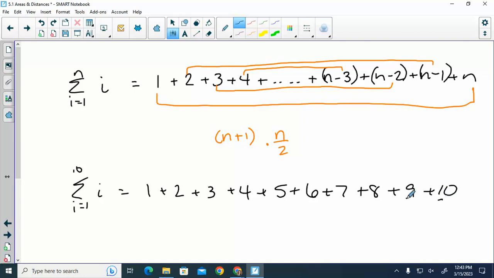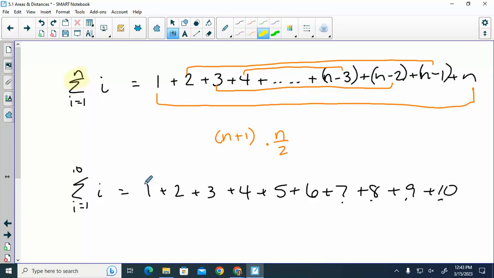This is 1 less than that, so n minus 1. 1 less than that would be n minus 2, n minus 3. So instead of writing 7, 8, 9, 10, I was keeping it generic. I was going up to some number n, whatever that might be. But yes, those would be equivalent. If my n were 10, this would give you those same things.